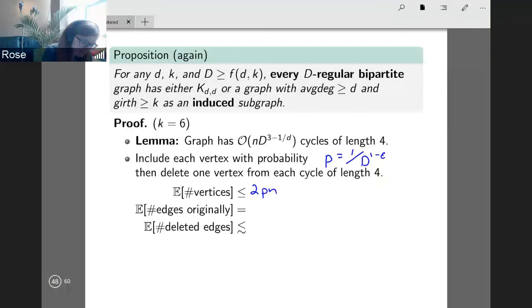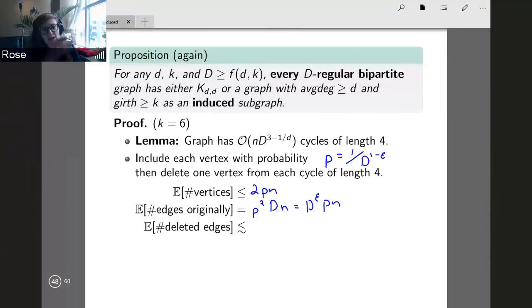The expected number of edges originally is p squared Dn. Canceling out one of the p's with the D, we get D^epsilon pn. So far we're good: there are many more edges than vertices in the graph, so we expect it to be dense, with large average degree. Now we just need to bound the number of edges that we delete.